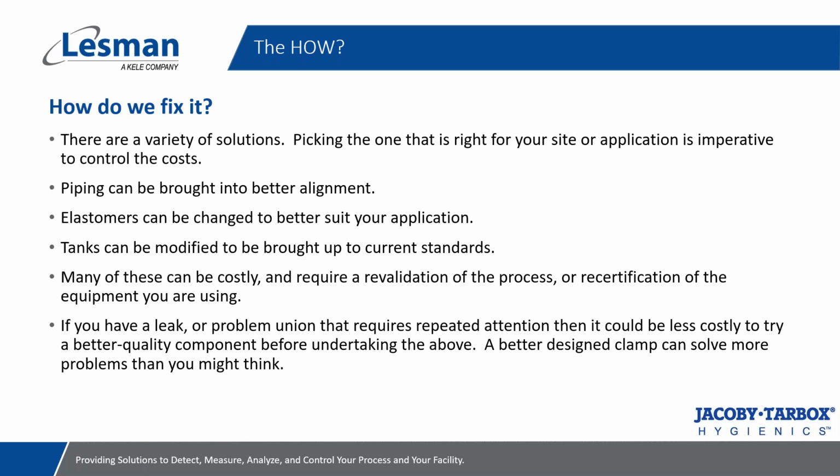So include some of those things into your validation process to say, this is a contingency plan, right? We know that EPDM works, or we know that Viton works, and we know that solid Teflon works.